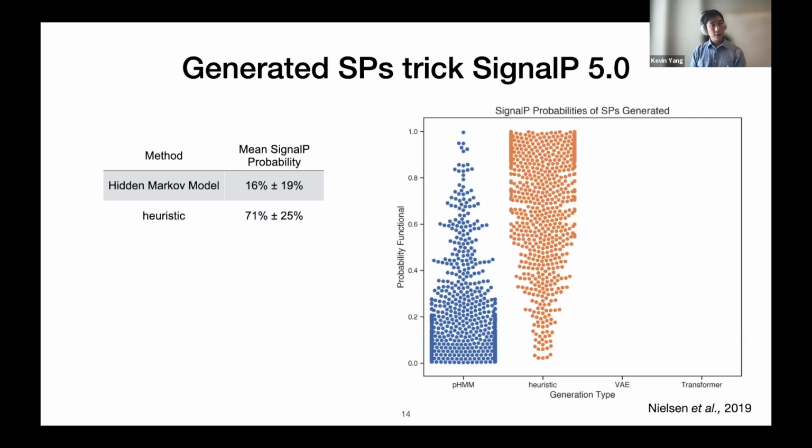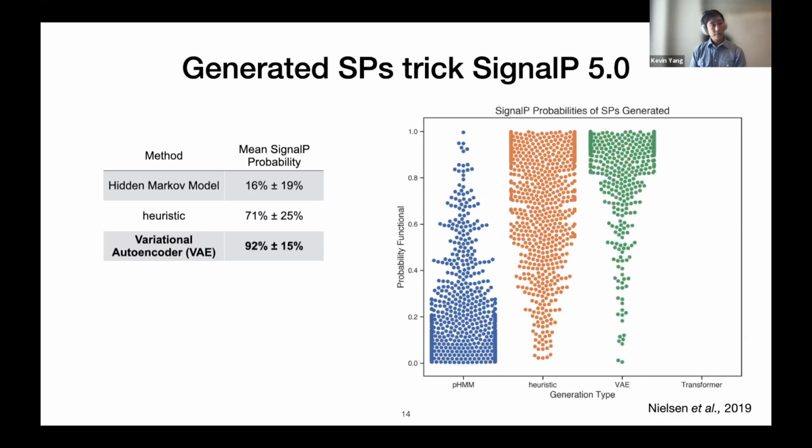If we use some heuristics, such as the ones I showed earlier, we do much better than the profile HMM. If we use a variational autoencoder, we do even better. And the transformer, which is conditioned on the mature protein, does about as well.